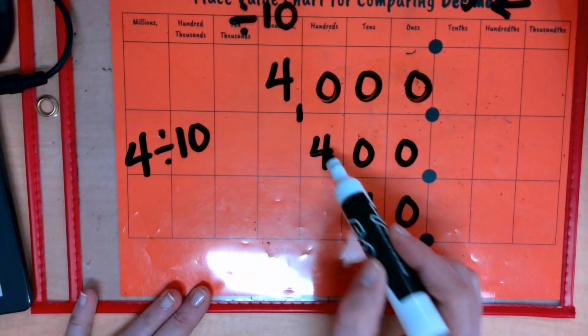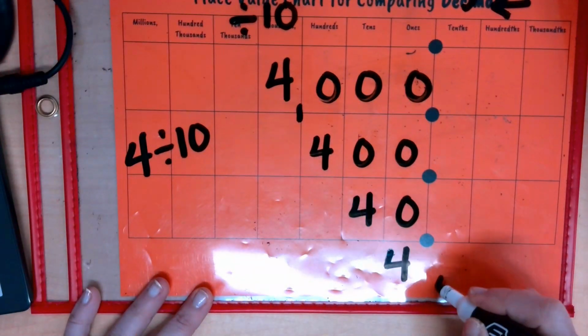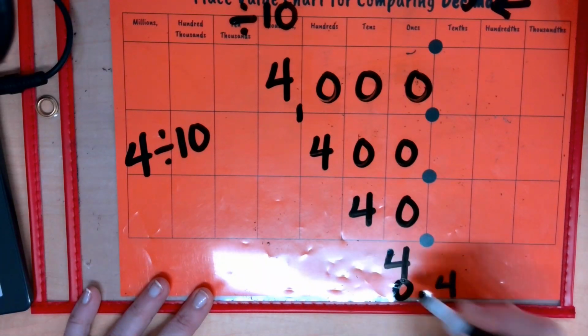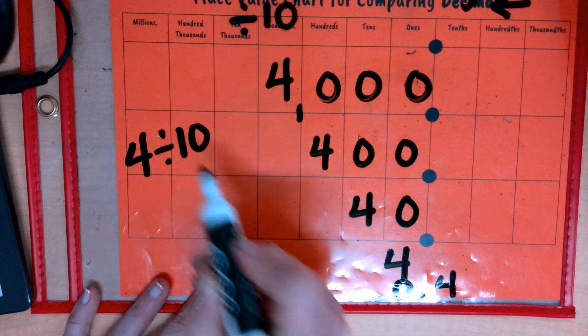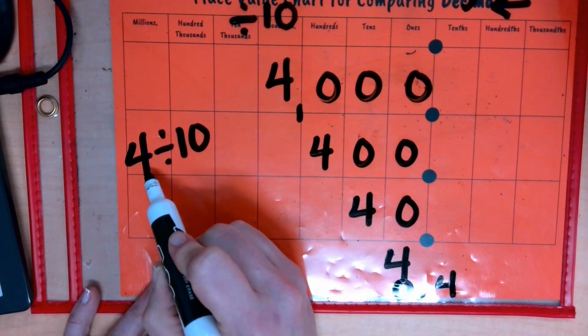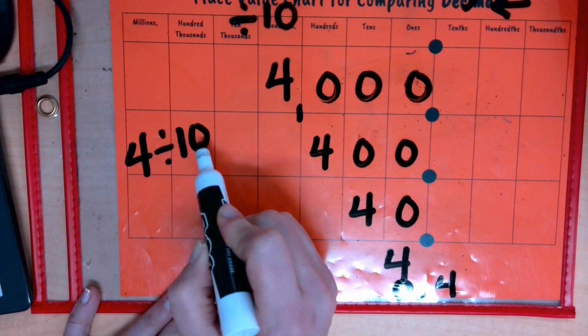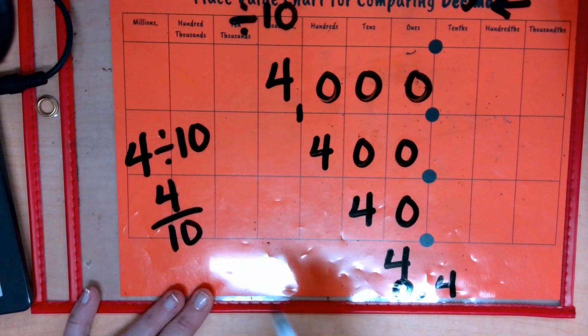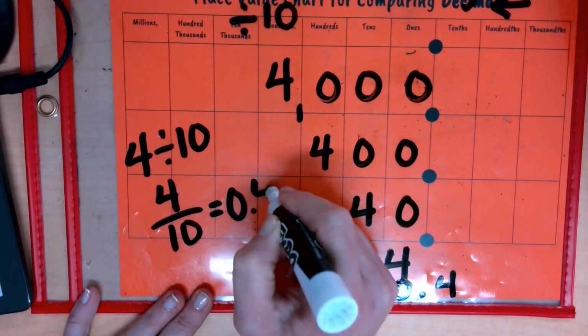So our 4 is going to go to the tenths place, and now we have 4/10. Another thing to remember is that fractions are division, so 4 divided by 10 is the same thing as 4/10.